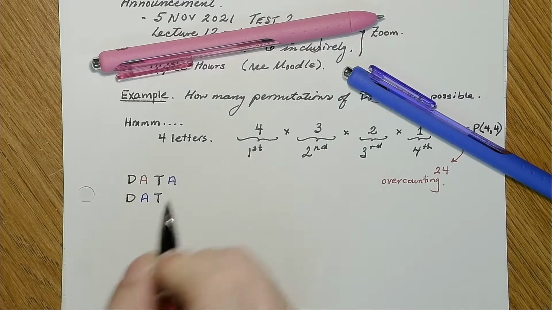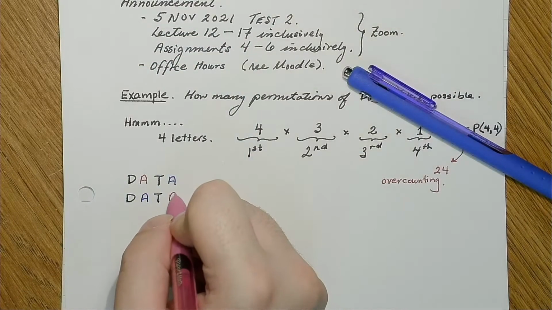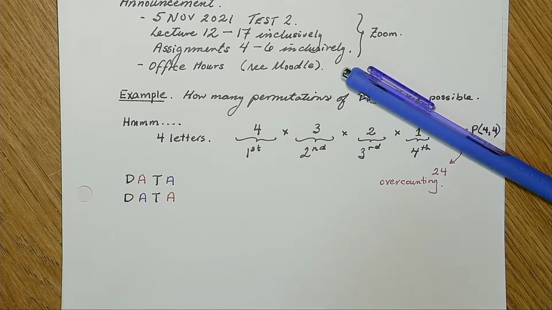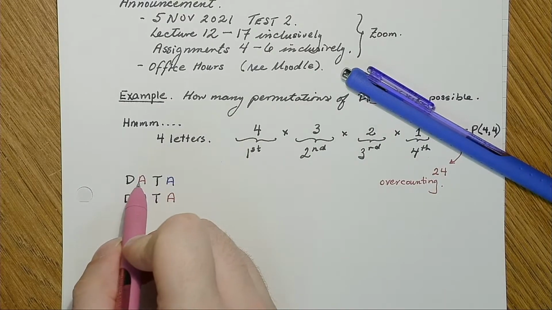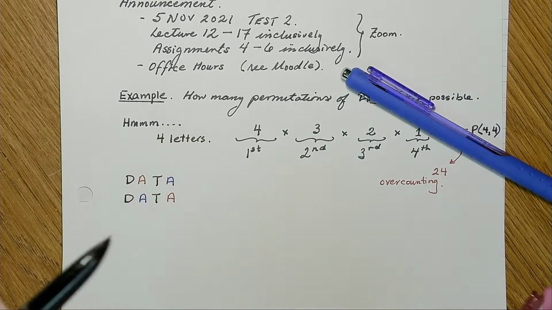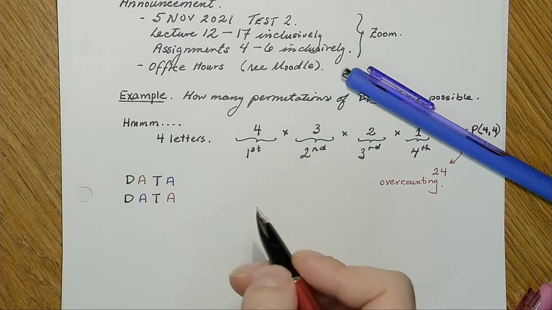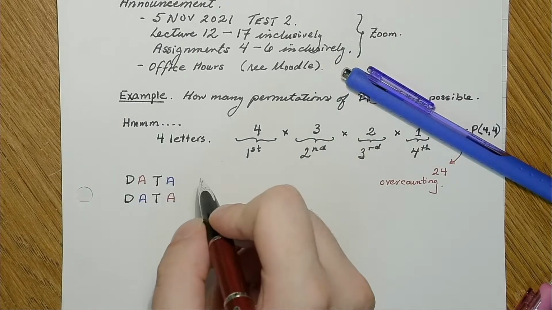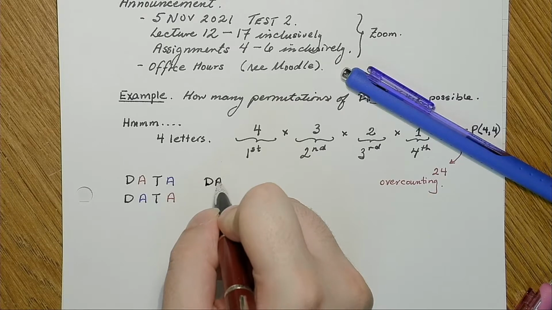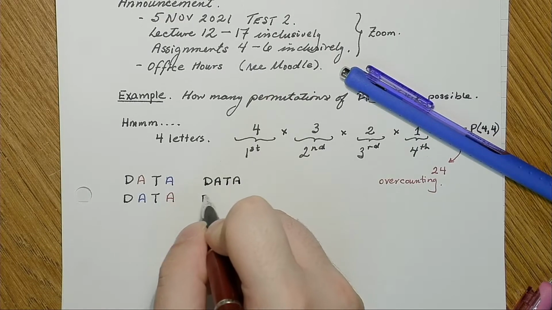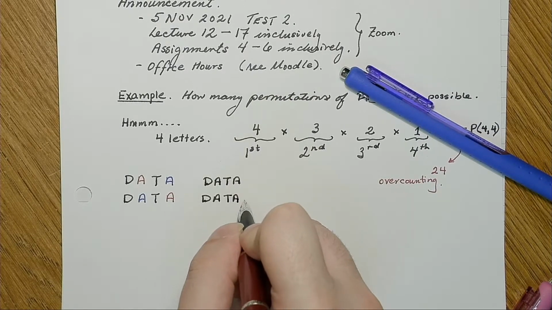We have data. But that's assuming that these two are distinguishable. Let's say that I don't have color or anything like this. I'm going to photocopy it. Well, then I'm just left with data and data.